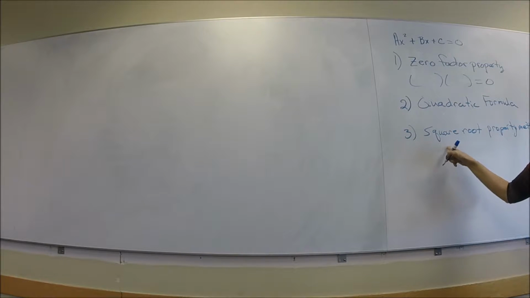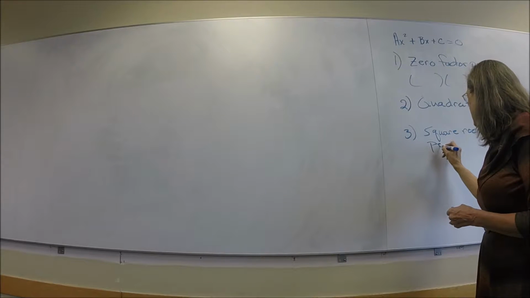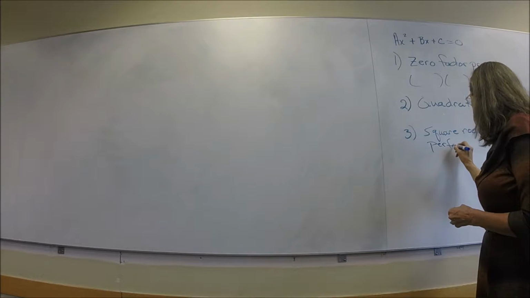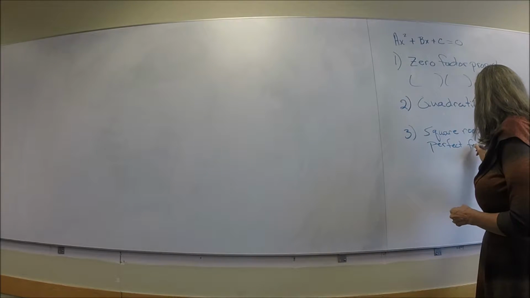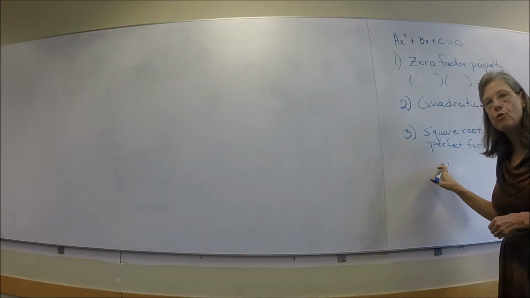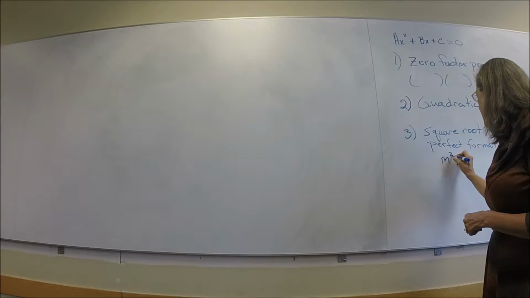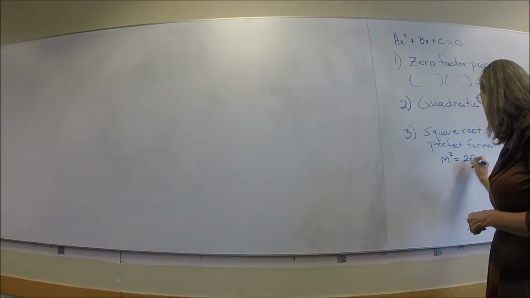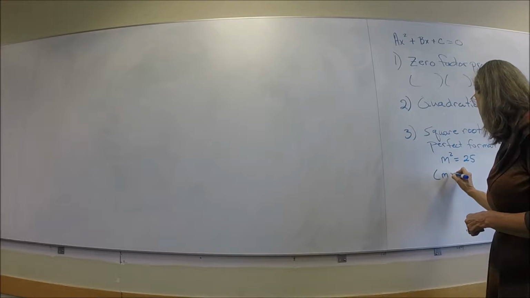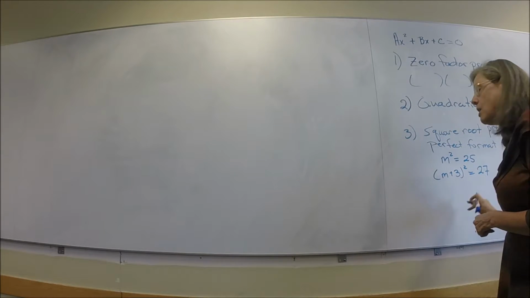Only use the square root property method if it's already in the perfect format. And the format for a square root property method is something like m squared equals a number, or a perfect square trinomial equals some number, okay?